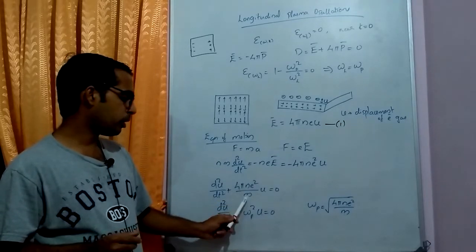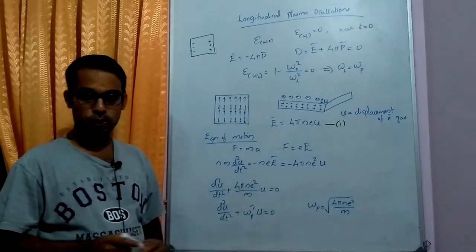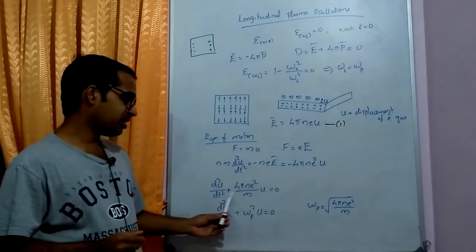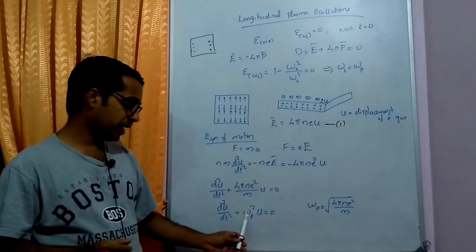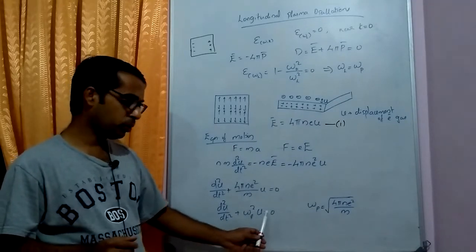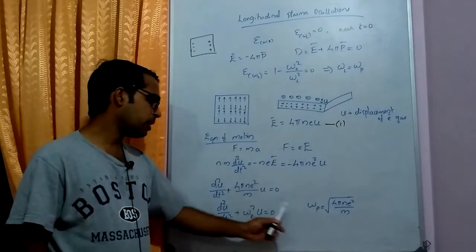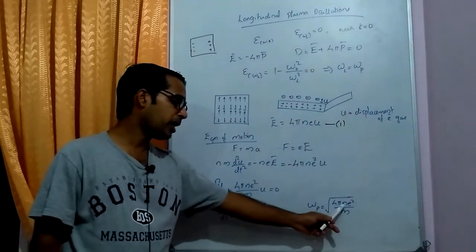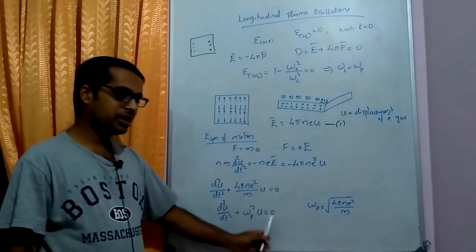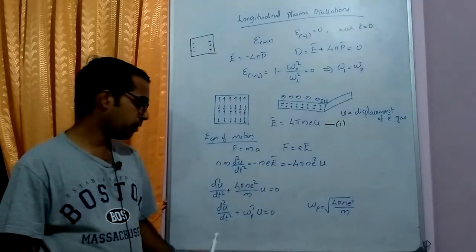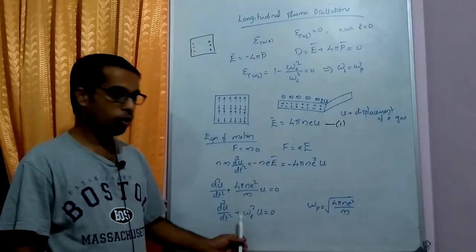4 pi N e squared by m into U is equal to 0. In this format, d squared U by dt squared plus omega p squared U is equal to 0, where omega p is equal to the square root of 4 pi N e squared by m. This equation is the equation of motion of a simple harmonic oscillator.